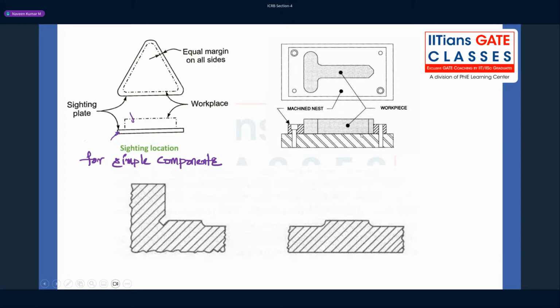So what I'm saying is that simply having some kind of nests or some kind of locators on the surface of it will be able to identify and put it onto the right position, and that is called nesting. Nesting is not for simple components, it's for some complex 3D objects.